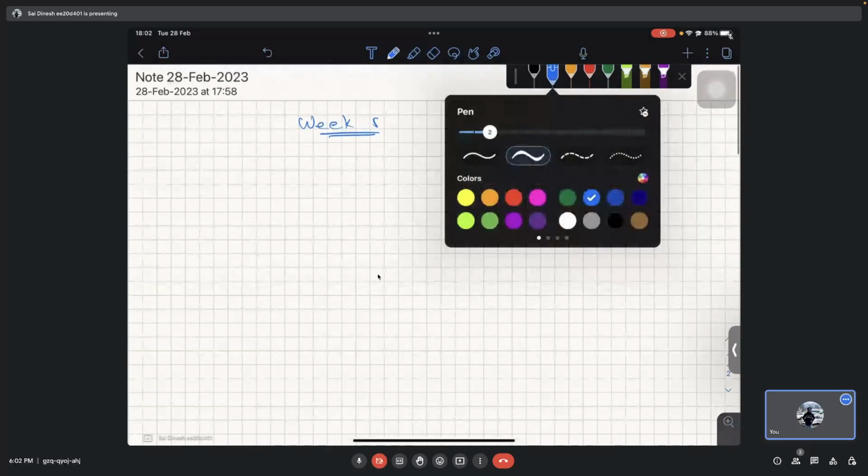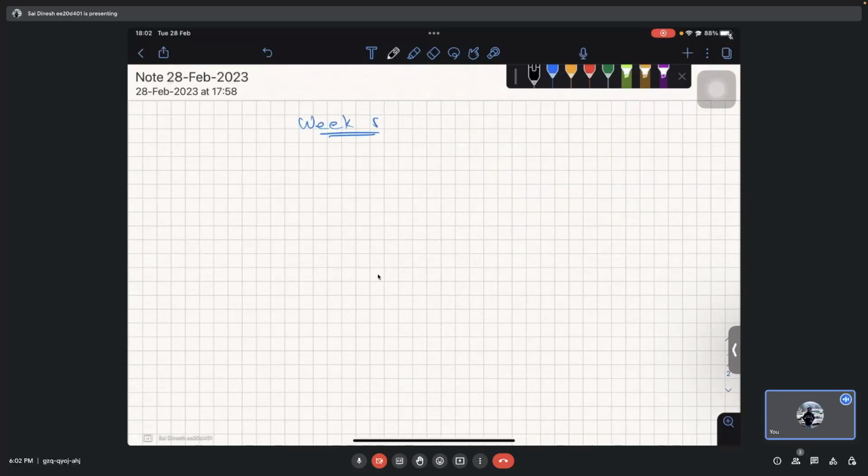Week 5. In this week, I'll be covering some basics of the Z transform and the properties of the Z transform.